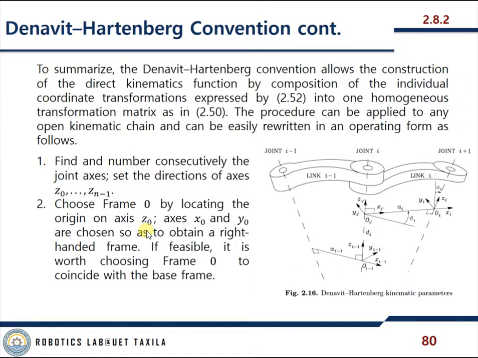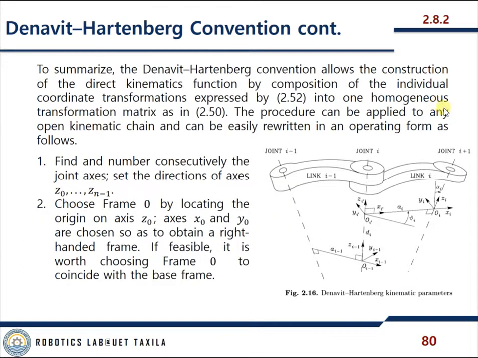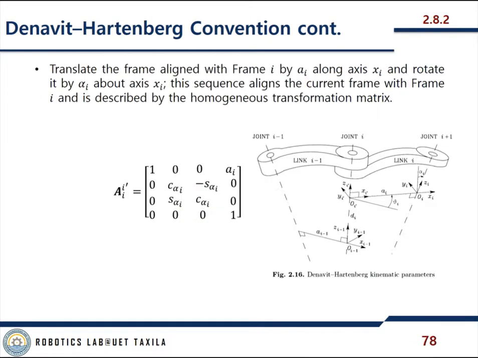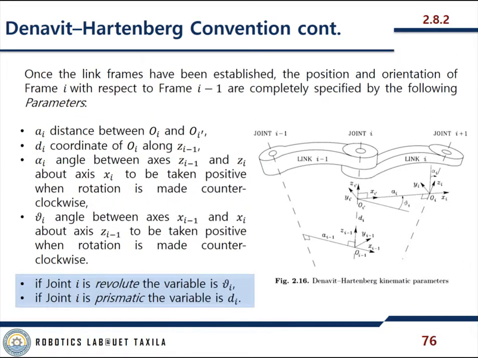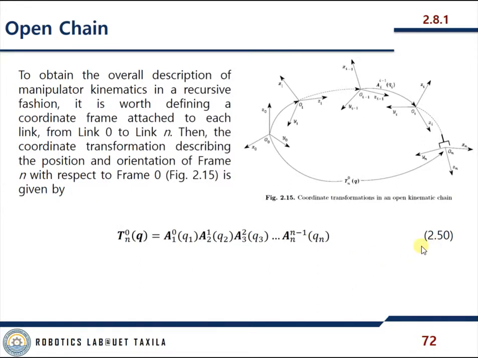To summarize, the Denavit-Hartenberg convention allows the construction of the direct kinematic function by composing the individual coordinate transformations expressed by 2.52, which is this one, into one homogeneous transformation matrix as in 2.50, which is this one, from frame 0 to frame n.